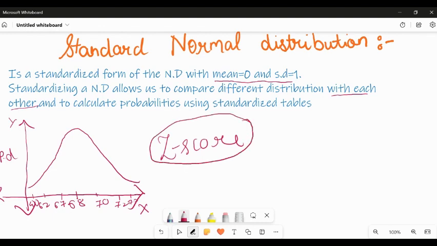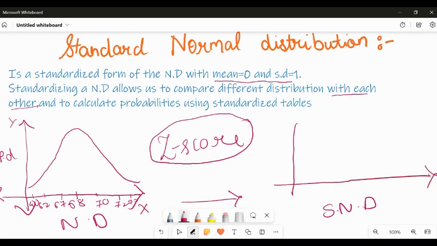When we convert a normal distribution to a standard normal distribution, where my mean is equal to 0 and sigma, my standard deviation, is equal to 1, with the axis marked 1, 2, 3, minus 1, minus 2, minus 3, the z score comes into the picture.